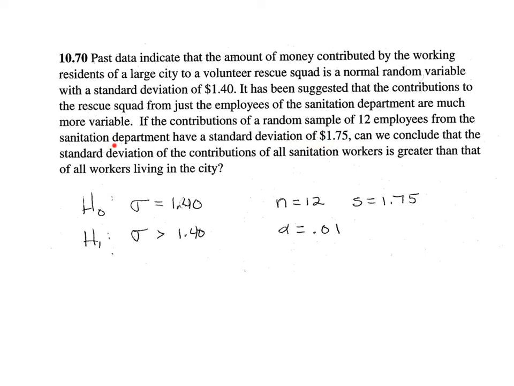So from that sample we have a standard deviation of $1.75, so that is a sample standard deviation. And does it state an alpha? It doesn't state an alpha, but I'm going to give you an alpha of 0.01.